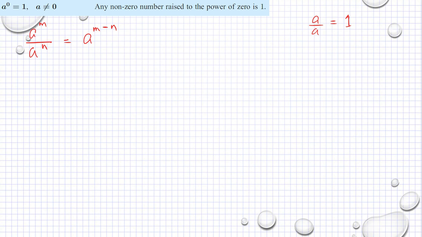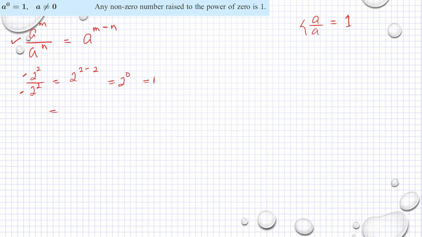Then if I have 2 raised to 2 divided by 2 raised to 2, then we have 2 raised to 2 minus 2 according to this law. Then we have 2 raised to 0. And as I said, when the numerator and the denominator are the same, then we have also 1.